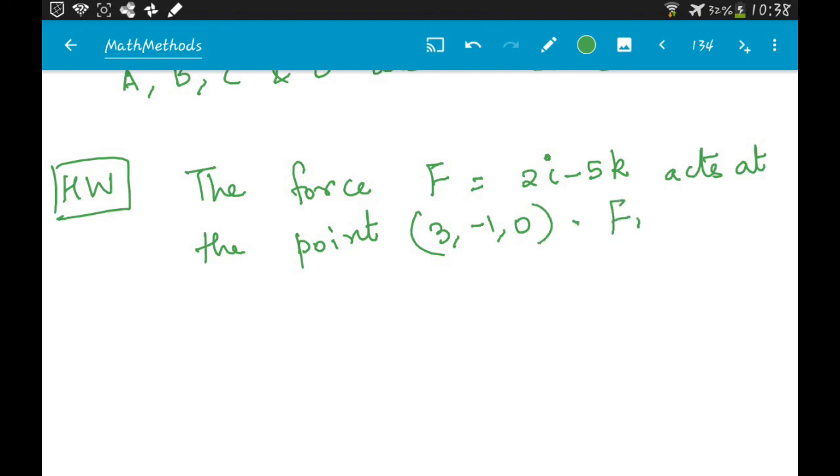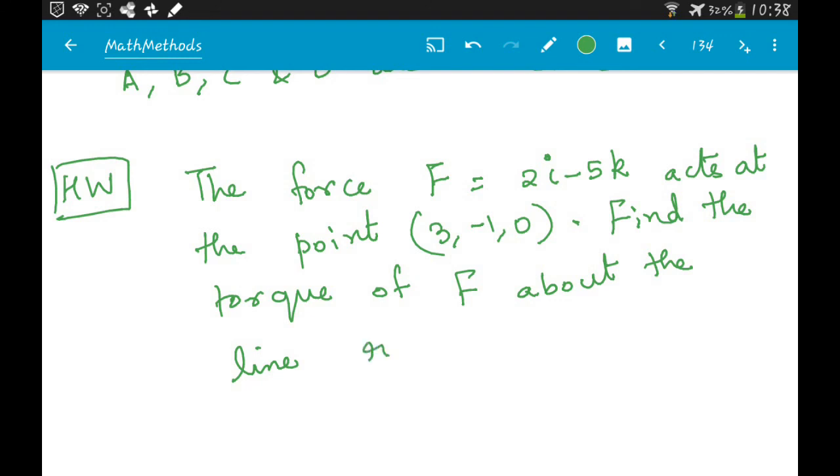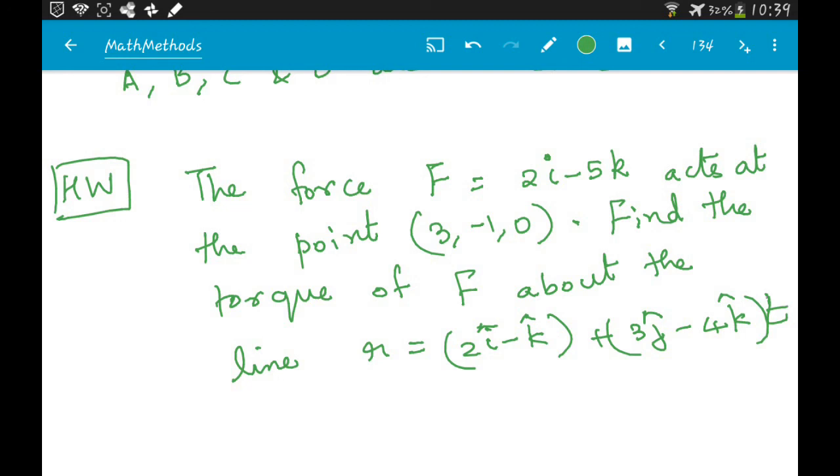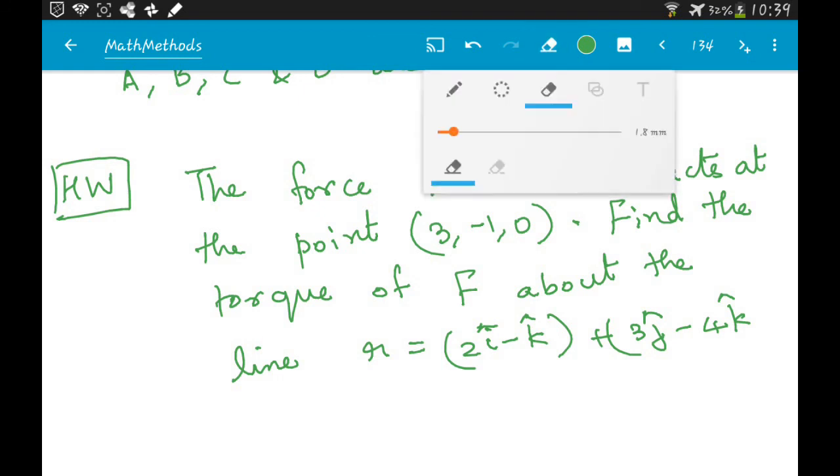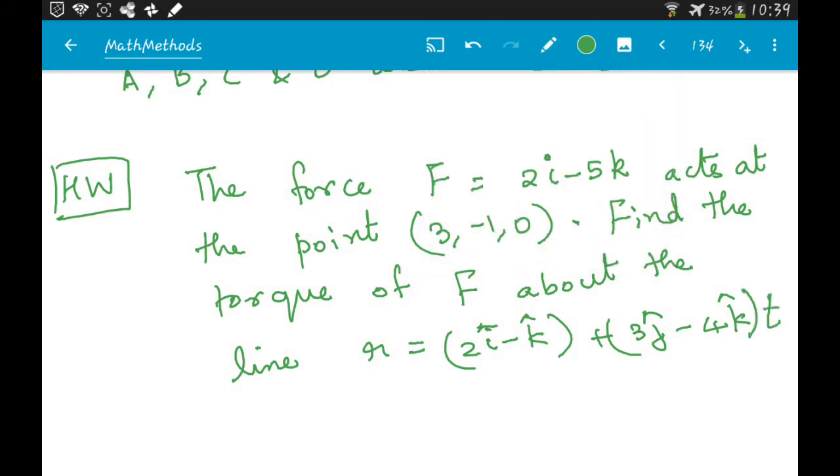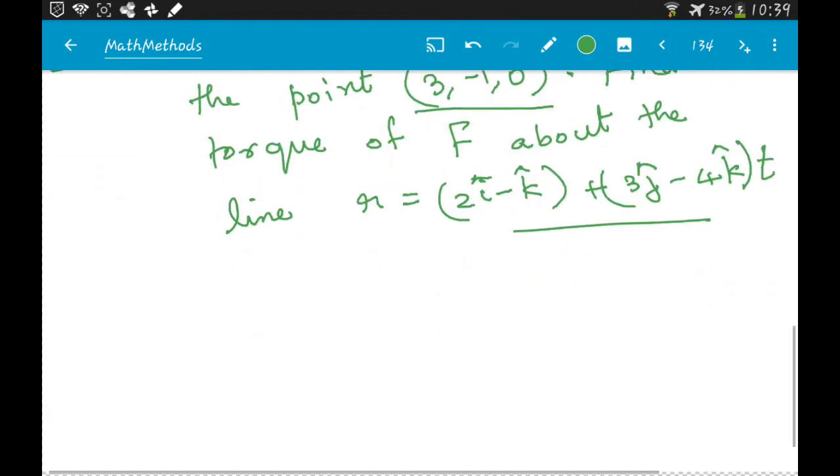Find the torque of F about the line R equals 2I minus K plus 3J minus 4K into T. So this is T. You need to find the torque due to the force F at this particular point, but about this line.